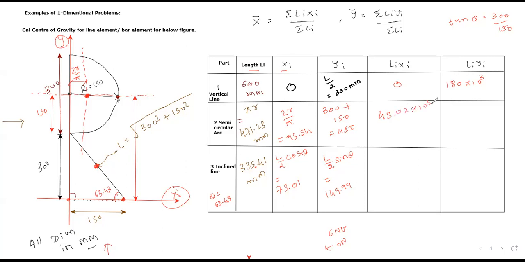I hope it is clear to all of you. Okay, similarly calculate Li for 471.23 multiplied by 450. You will get 212.05 into 10 raised to 3.